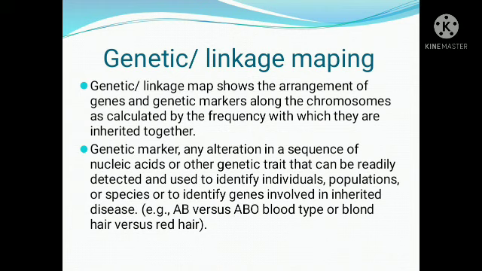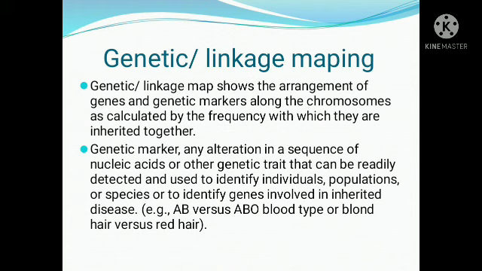Linkage mapping shows how the genes and the genetic markers are arranged, and it is calculated by the frequency with which they are inherited together. Now, what is a genetic marker? In the video which I sent before this class, you might have seen the different genes and how during recombination they go together.